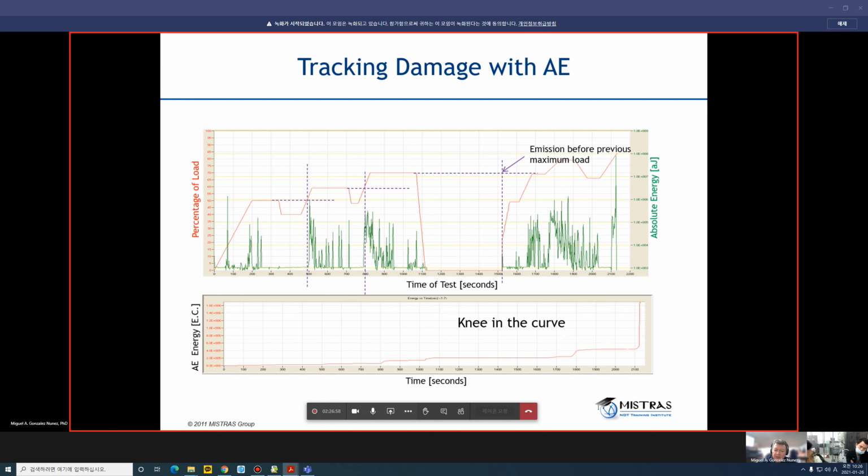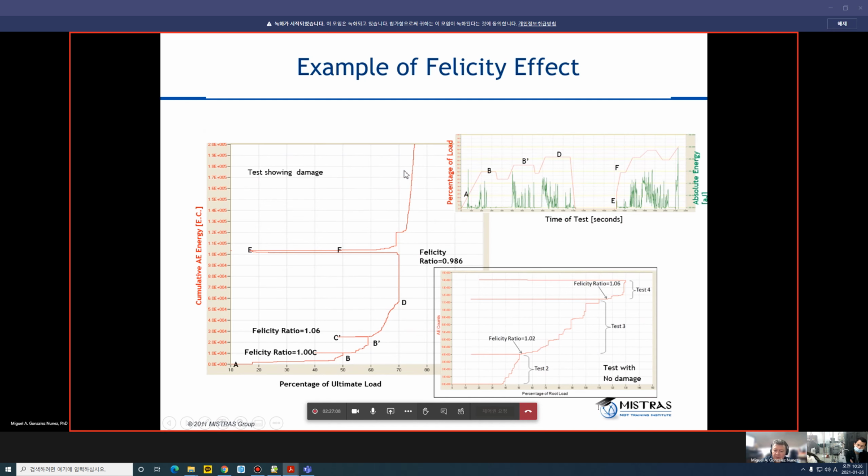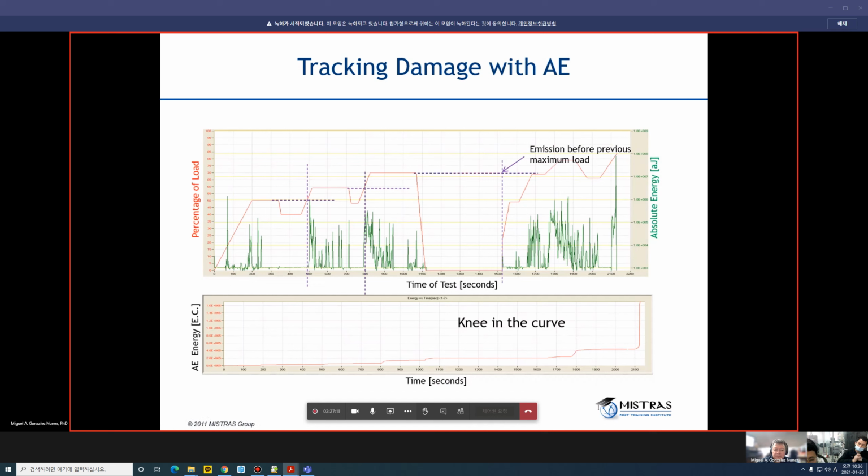And the crack formation is more notorious during the loading and during the whole period. No, I mean the period when the load is decreasing. Those could be related basically to the frictional noises. Okay. All right.